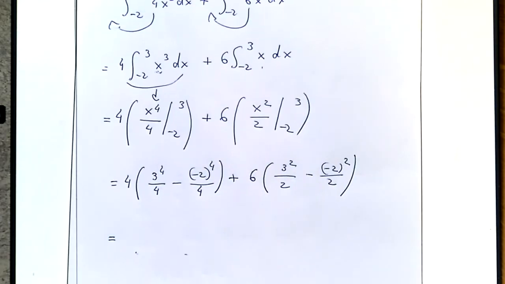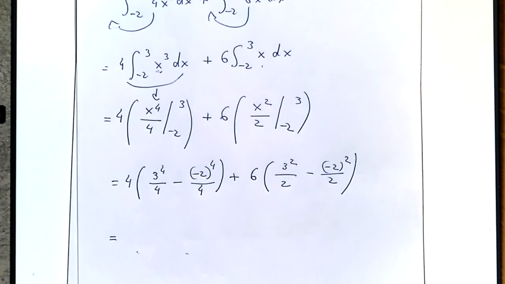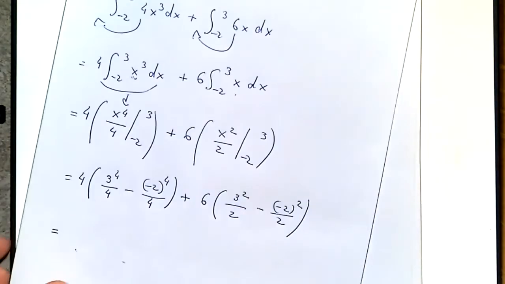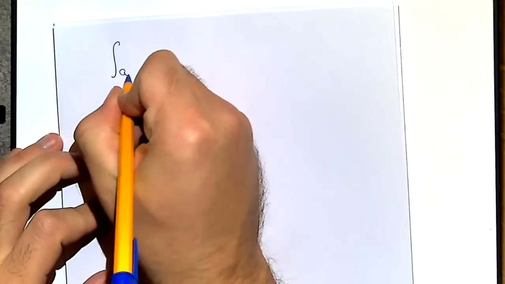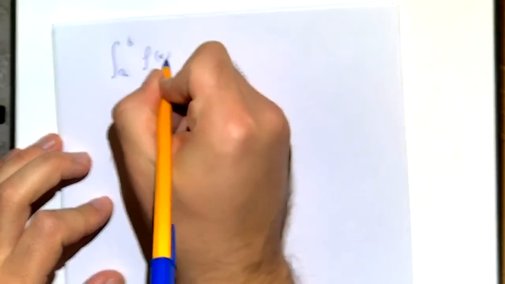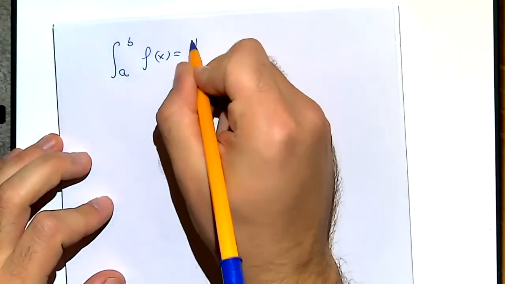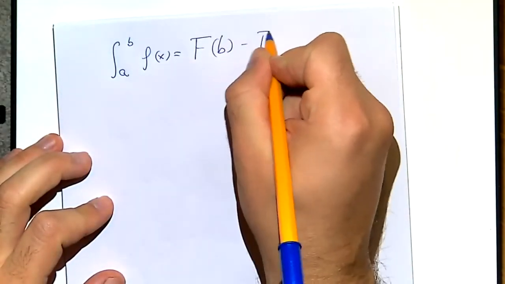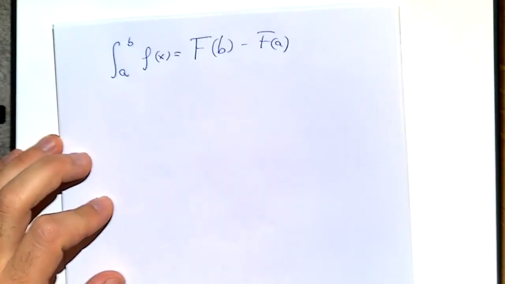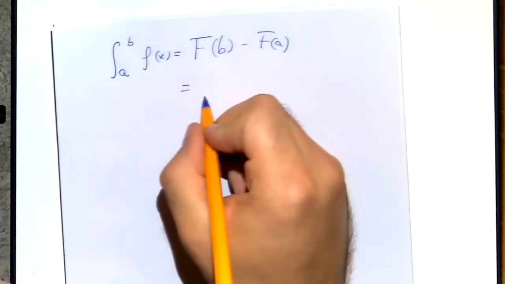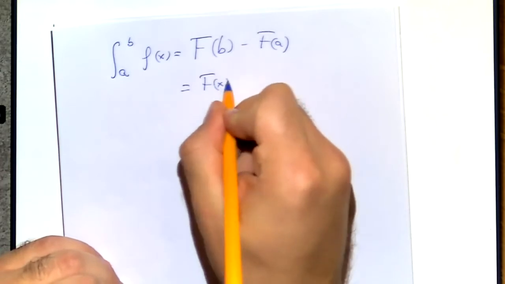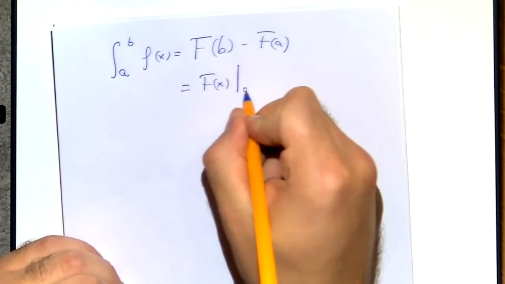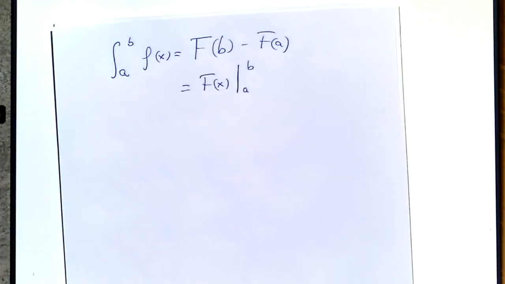Could you explain again where the C disappears? Yeah. So I said that a definite integral from a to b of f of x is by definition F of b minus F of a, and it is F of x evaluated between a and b.